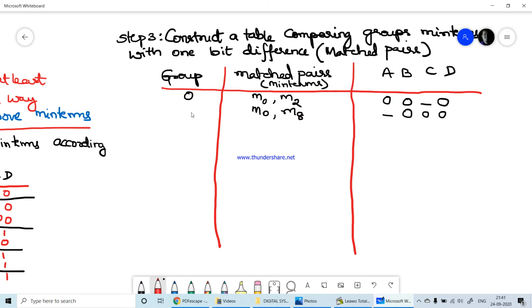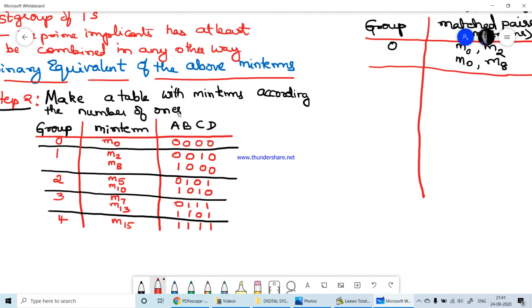Now group 0 cannot be compared with group 2. We have already arranged these bit sequences by the number of ones in each group. Group 0 has no ones, group 1 has only one 1, and group 2 has two 1s. Comparing group 0 with group 2, with all zeros against two ones, you get a 2 bit difference.